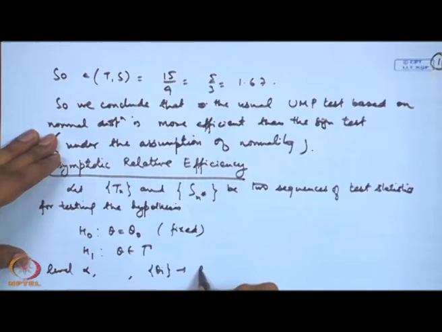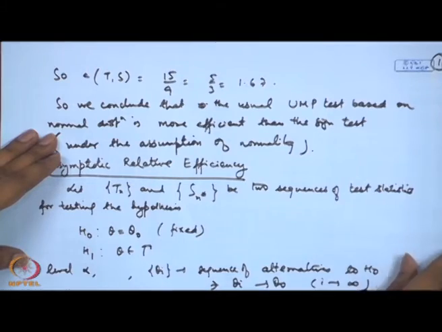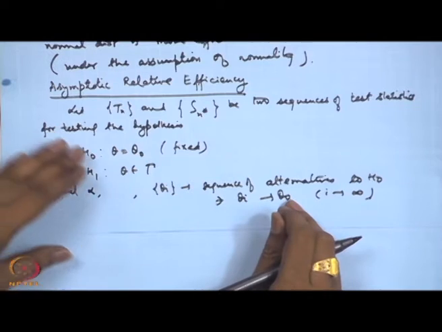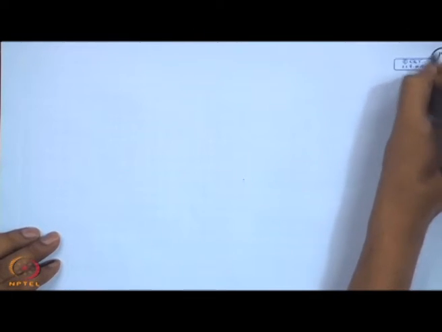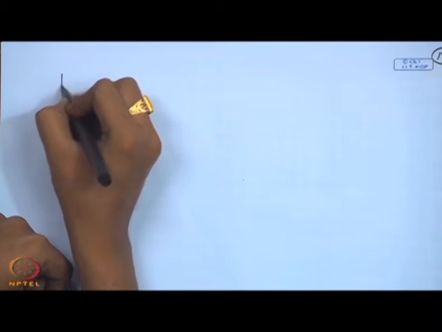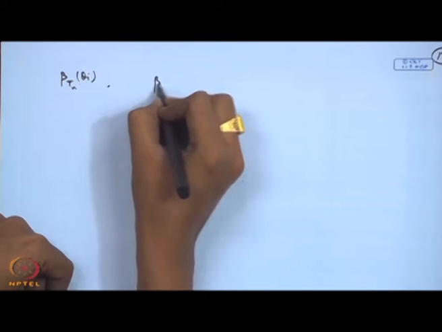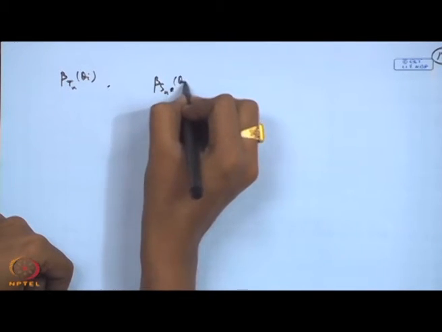This is a sequence of alternatives to H naught such that theta i converges to theta naught as i tends to infinity. So, we are considering alternatives, but they approach the null hypothesis value. So, let us now consider beta Tn theta i and beta Sn star theta i.